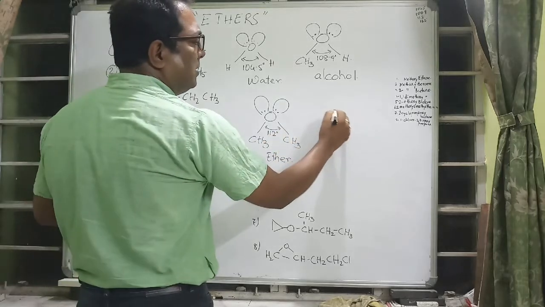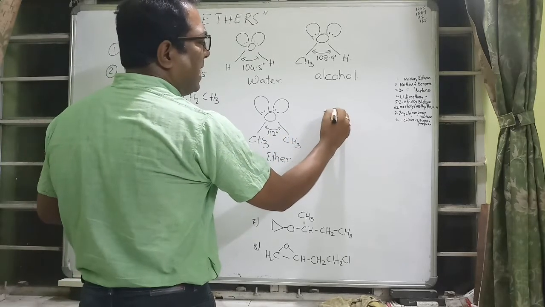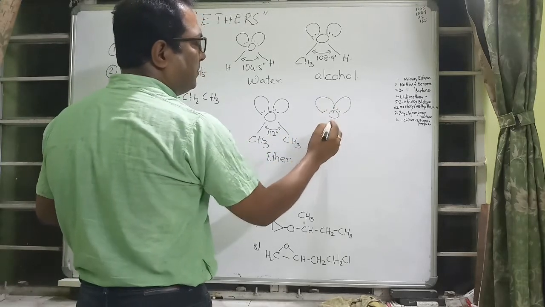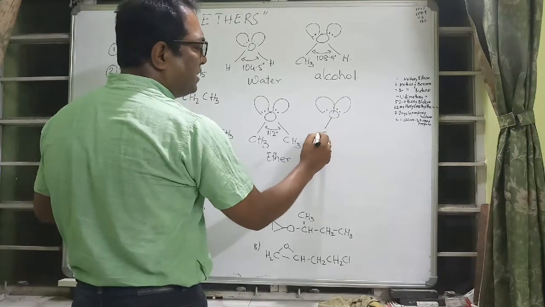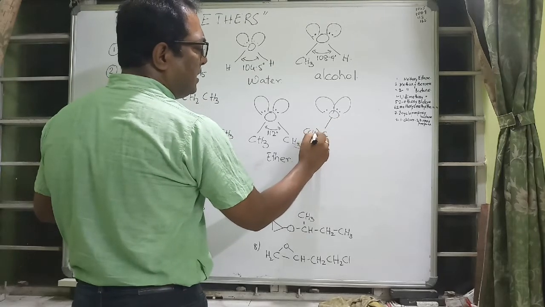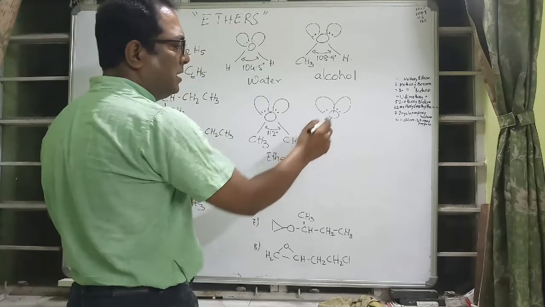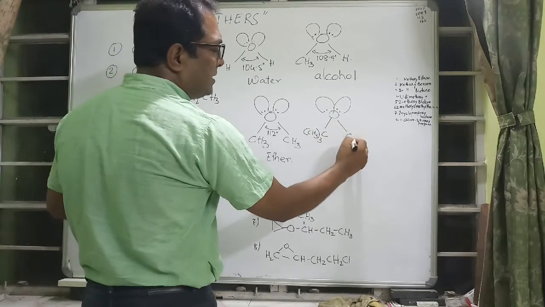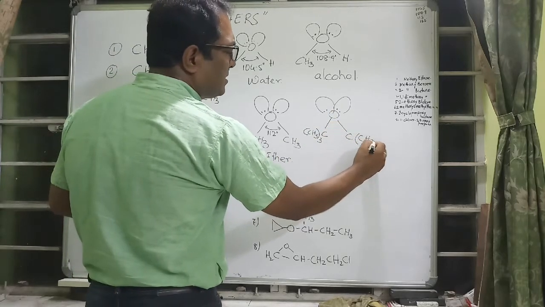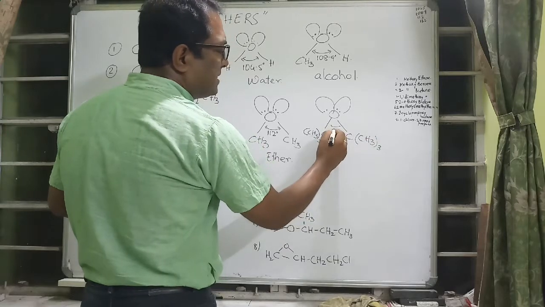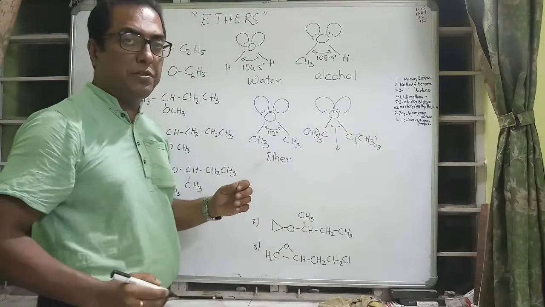If I see one more with a lot of carbons, say here I have C and then CH3 whole thrice. Similarly, here C with CH3 whole thrice. Can you tell me what the angle should be, students?